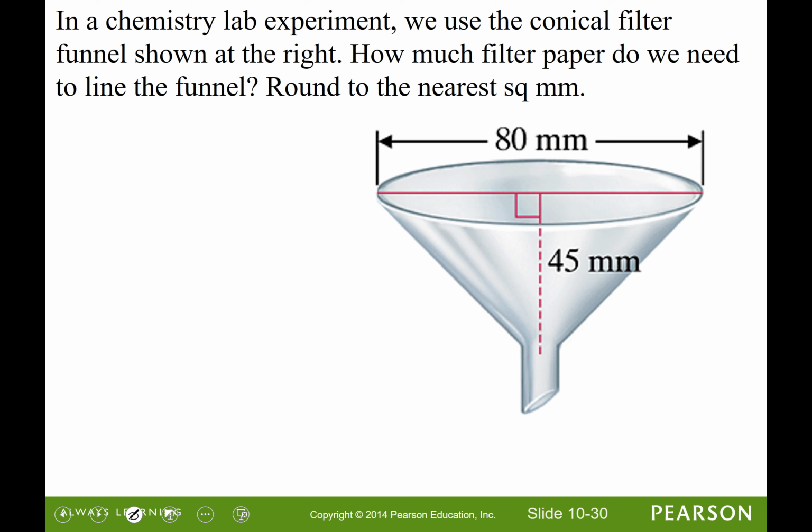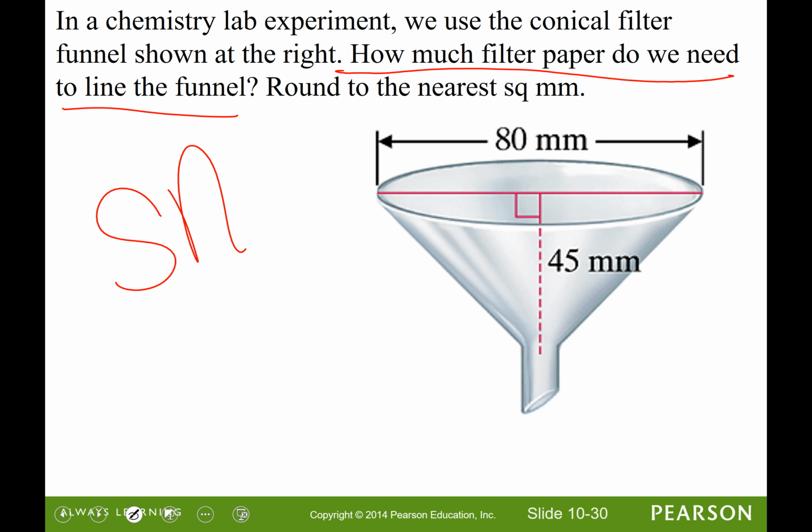Okay, in a chemistry lab experiment, we use the conical filter funnel shown at the right. So what you see right there is a filter, and we're asked how much filter paper we need to line the funnel. Okay, so here we have to decide if they're asking us to calculate the surface area of this cone or the lateral area of this cone.